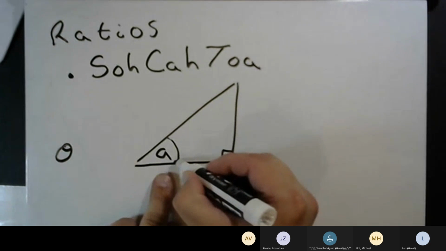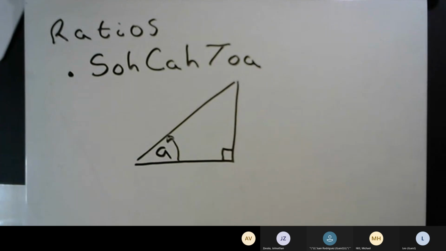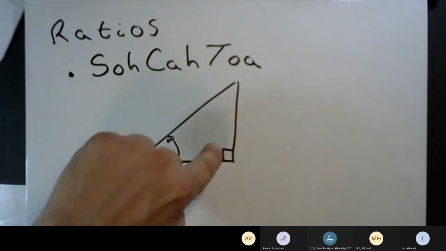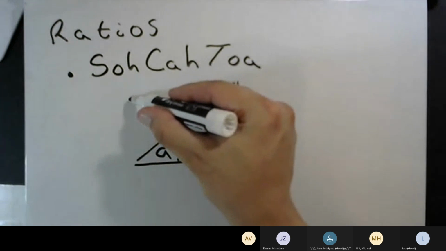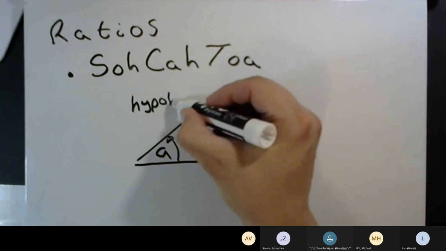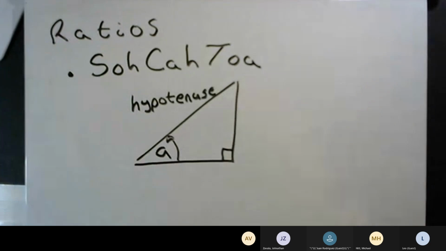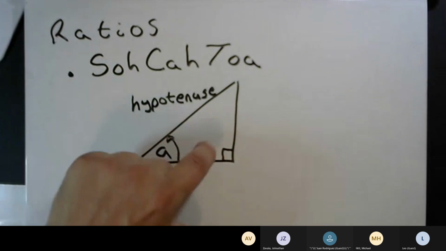This just says we're interested in the measure of this angle. Now again, the side across from the 90 degrees is always going to be the hypotenuse. That's a special side, and it's always going to be that.